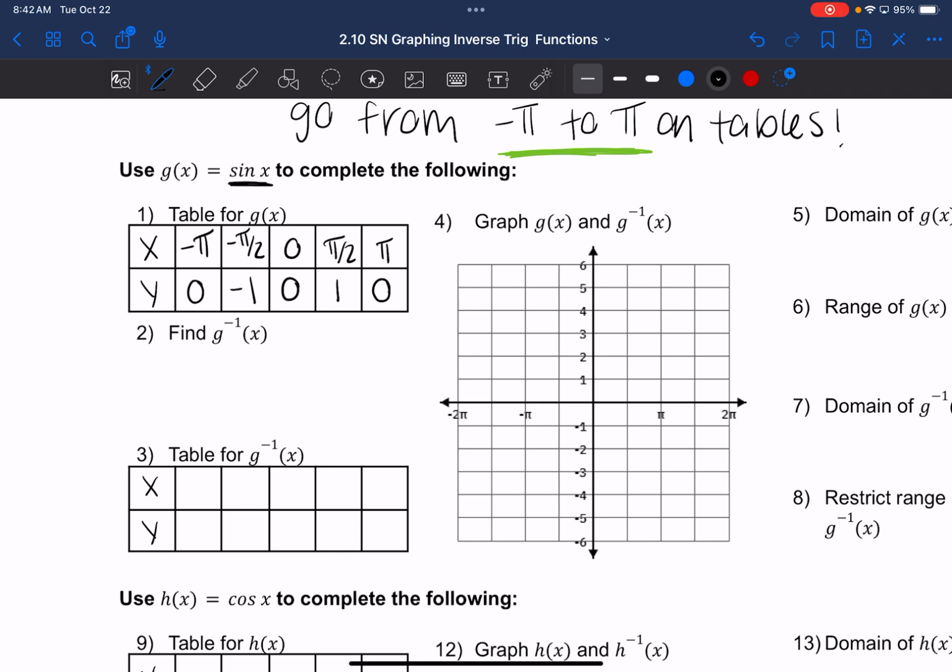Okay? And then you are going to tell me what the inverse function would be. Well, you started out with y equals sine of x, right? And how did they say you get a new equation? Flip the x and y. So this would be the same thing here as x equals sine of y, right?